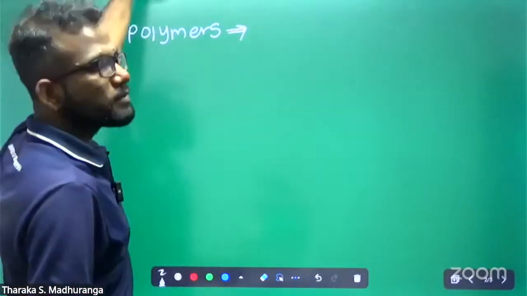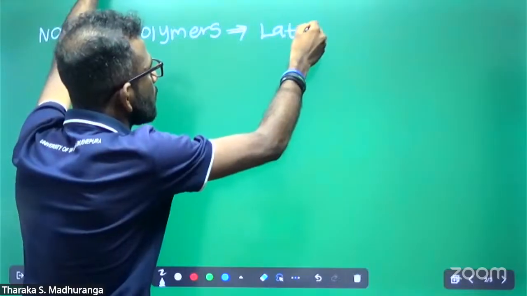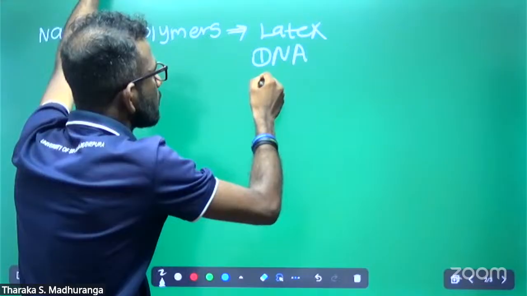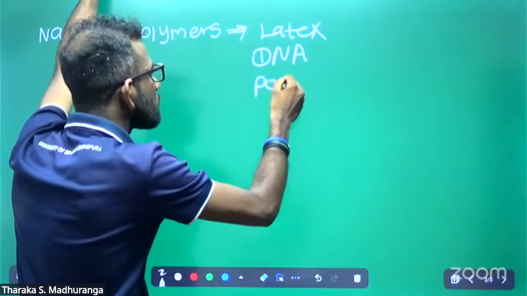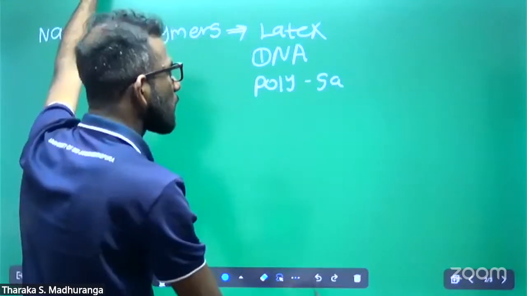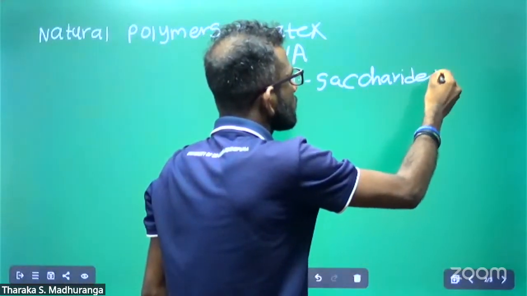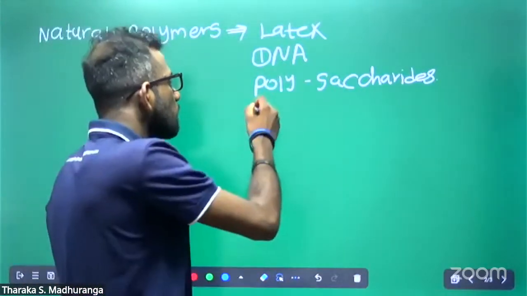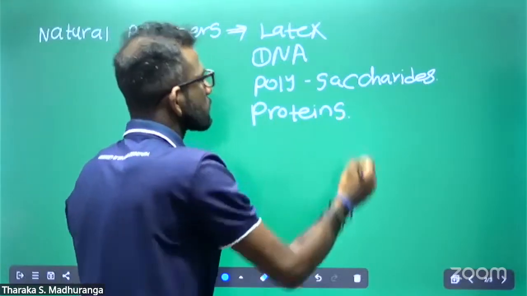Okay, natural polymers. Rubber, latex. Then DNA is a natural polymer. Cellulose, including all polysaccharides, are polymers. All proteins are polymers.